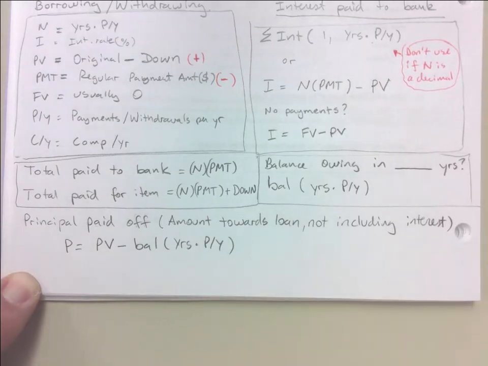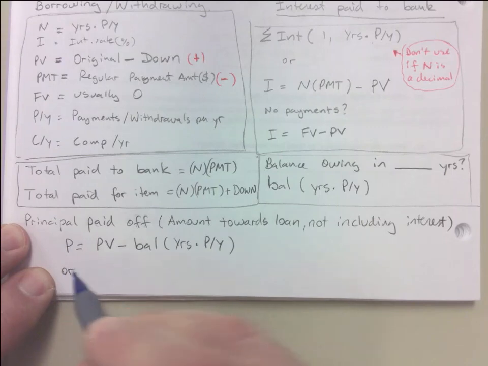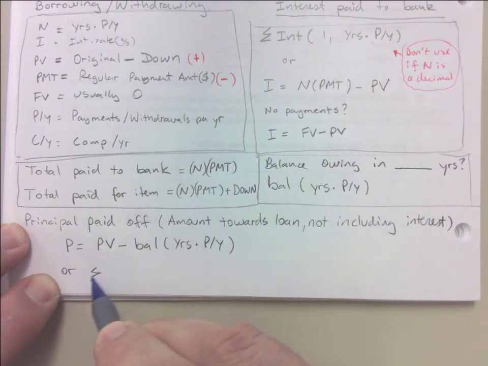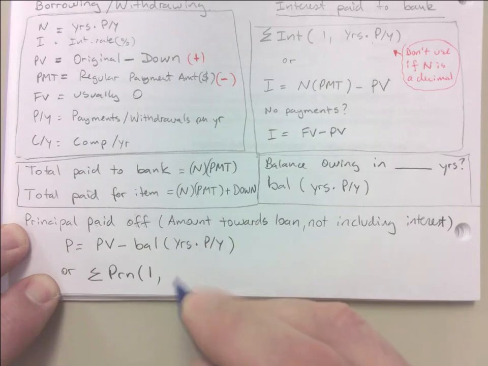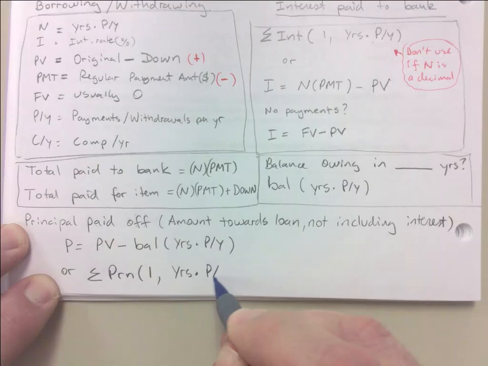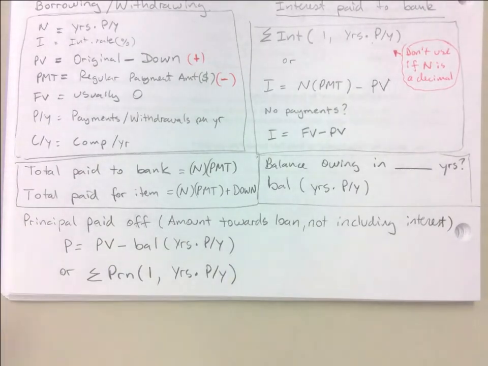That's one way to do it. Or you can use this one, sum of principal from 1 comma years times PY. So whichever one you choose is going to help you.